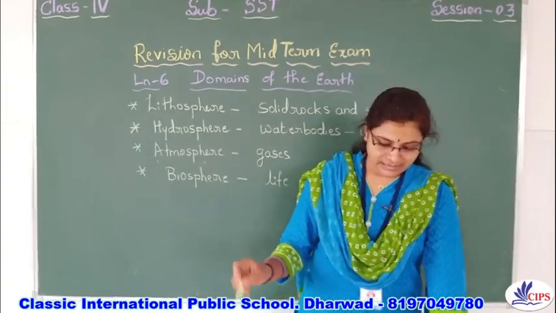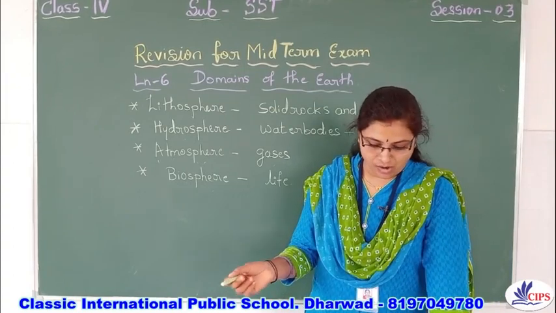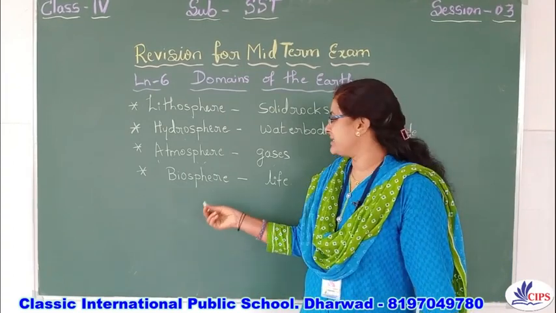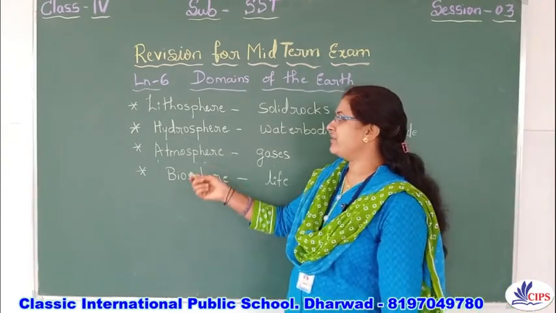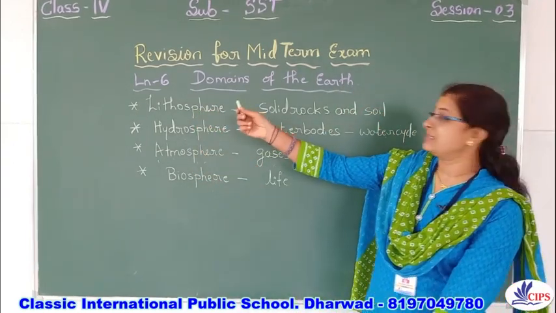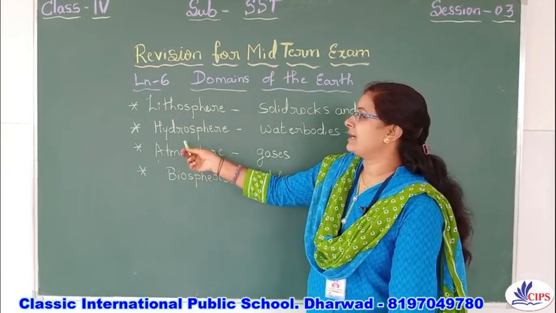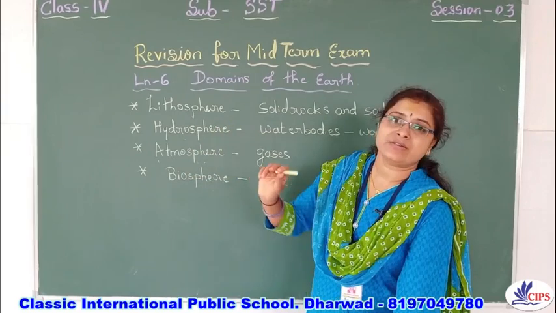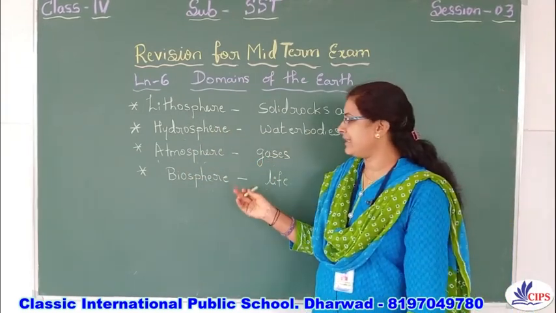Got it, children? Air, water and land are all necessary for the existence of life. That's why the biosphere can also be found in the other three layers, the lithosphere, hydrosphere and atmosphere, means we can find life.